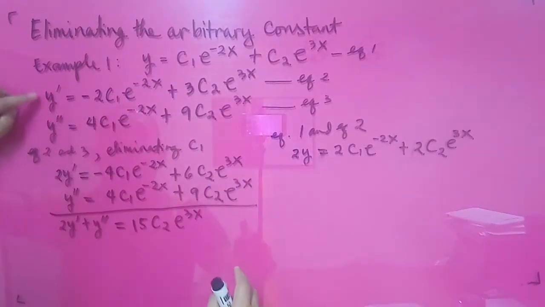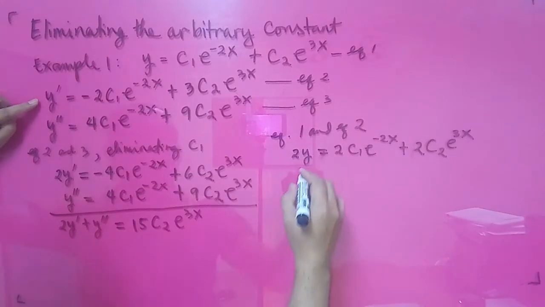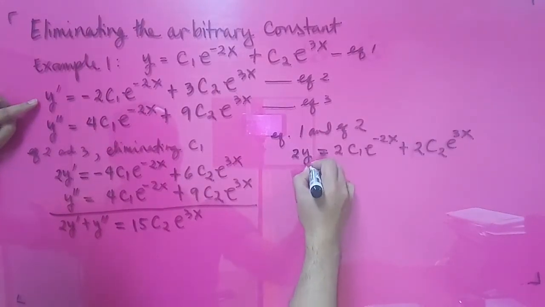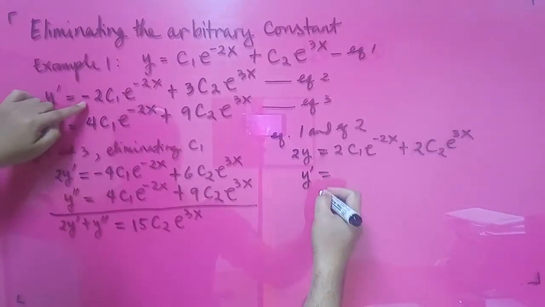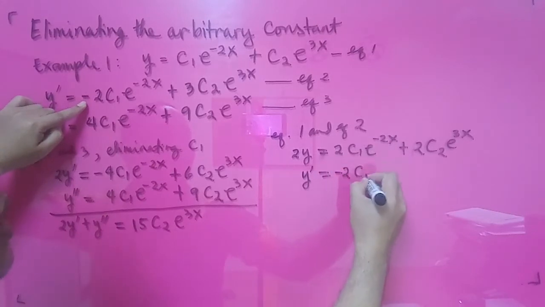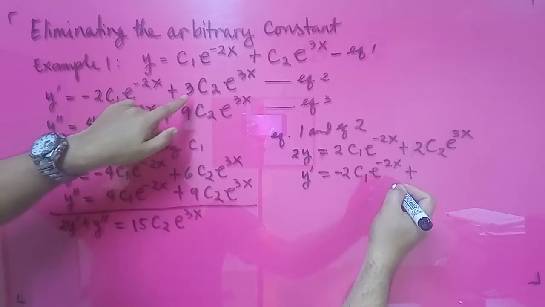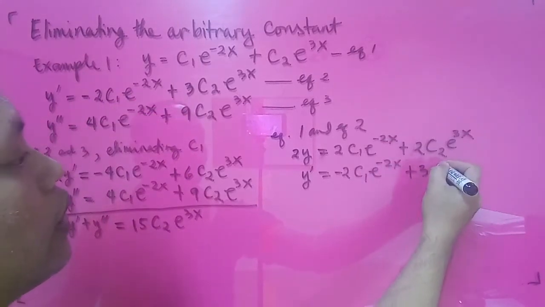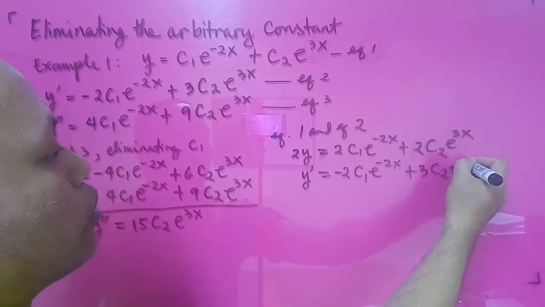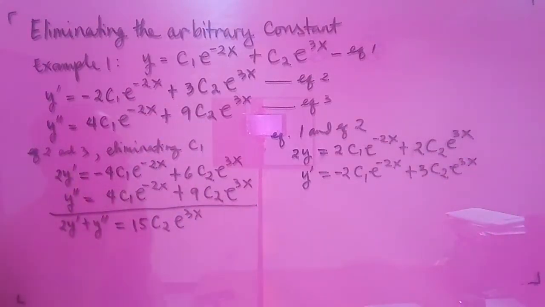Then equation 2, we have y prime, which is equivalent to negative 2 c sub 1 e to the negative 2x plus 3 c sub 2 e to the 3x.